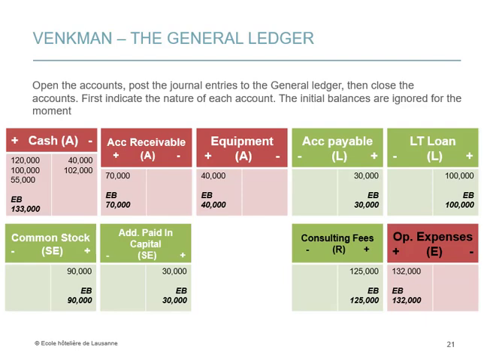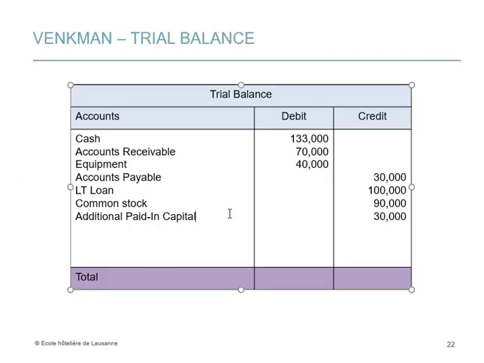And the last two accounts are our revenue, consulting fee revenues on the credit side, 125,000, and afterwards operating expenses.